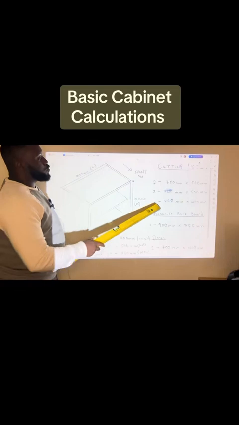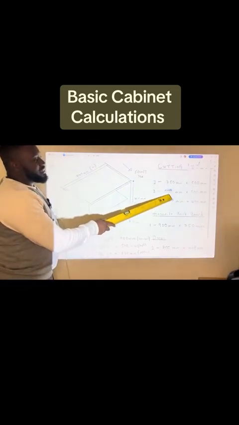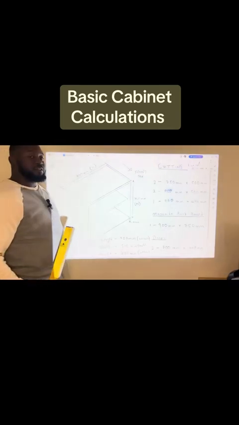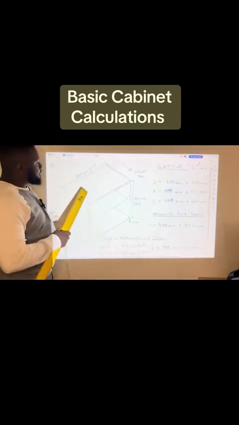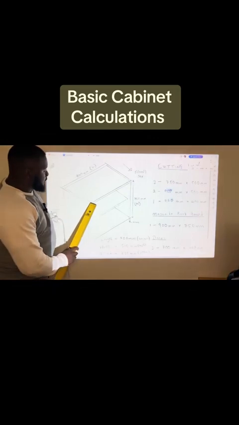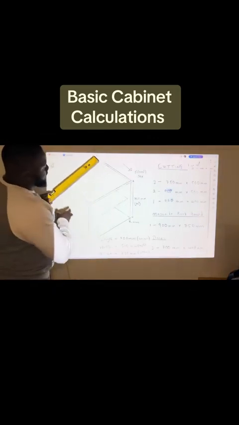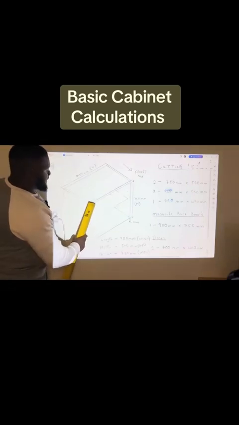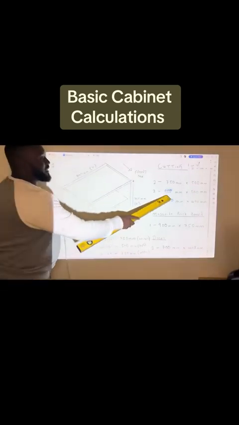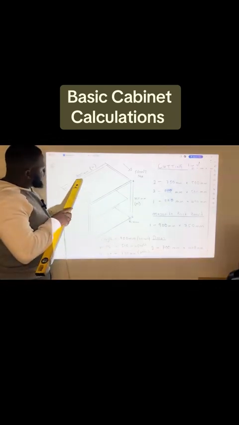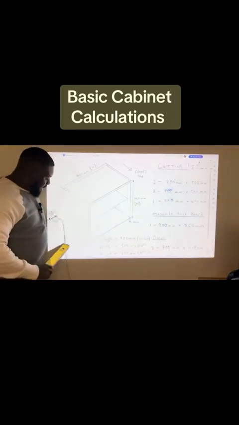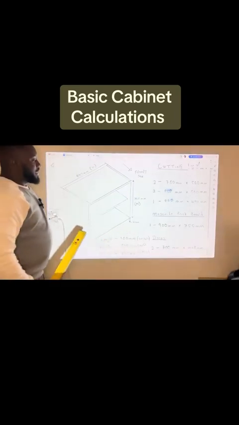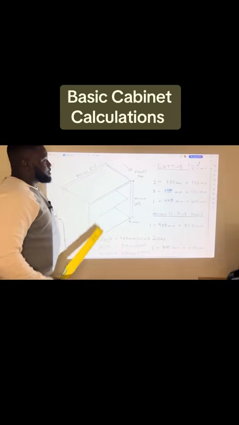Then we know that we have 868 by 500. How did we find 868 by 500? From here to here inside, it's 868. And from here to here is the 500 that we said is the width.